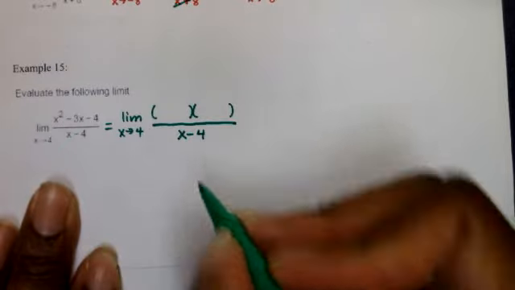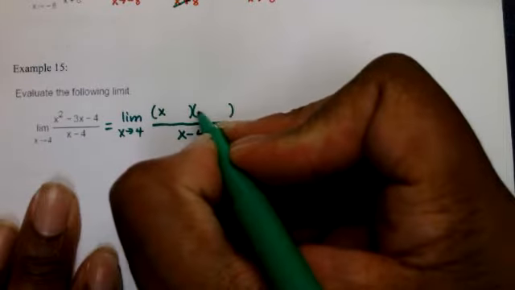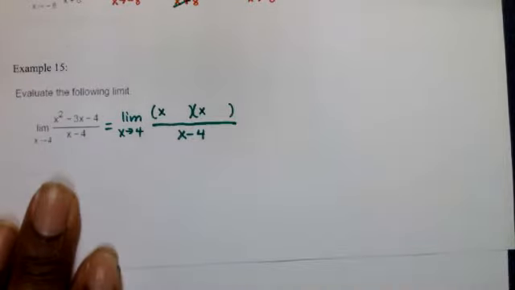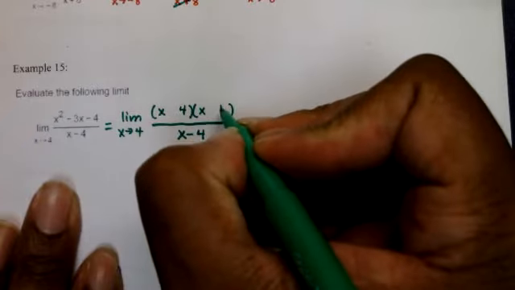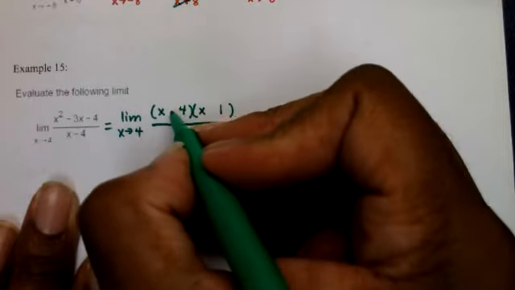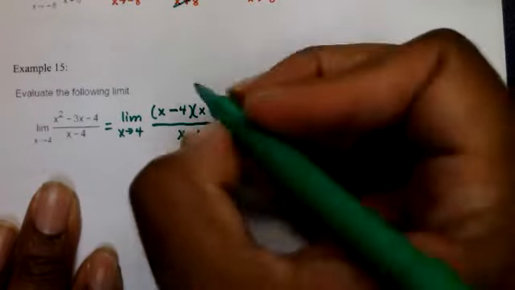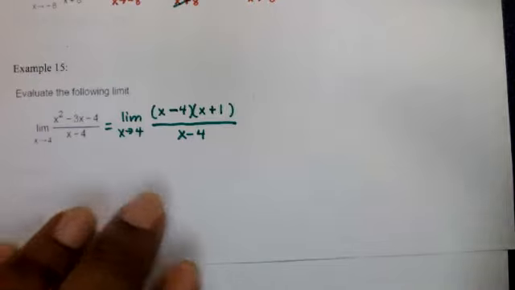I'm going to try to factor that into two binomials. I'll bring over x minus 4. Now, x squared breaks up as x and x, and I need factors of -4 that would give me a -3x. Well, I know 4 and 1, but the larger of the two factors will take the sign of the middle term. So the 4 has to be a minus, and the last term has to be plus. So the limit as x approaches 4 will be x minus 4 times x plus 1 divided by x minus 4.